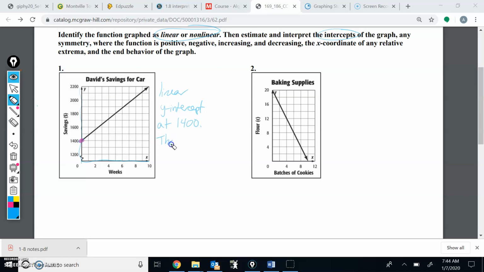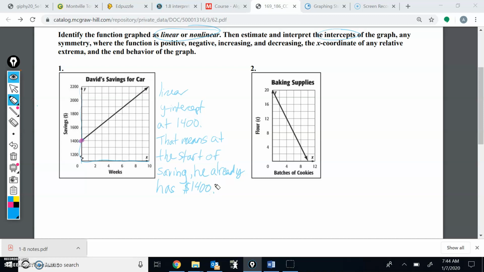That means at the start of his savings for that car, he already has $1,400. That's what that point means.